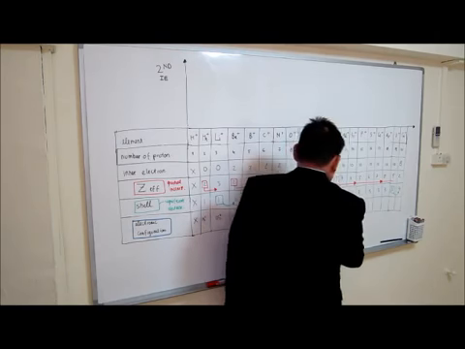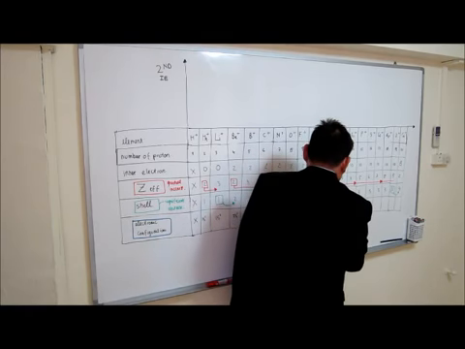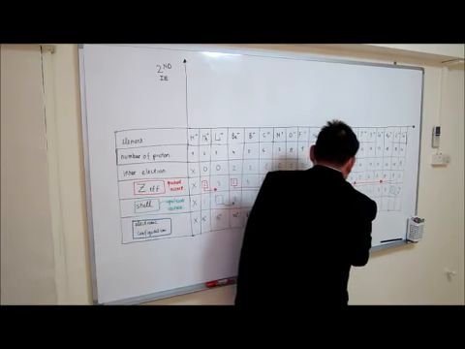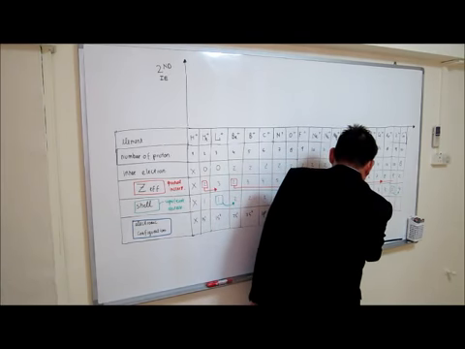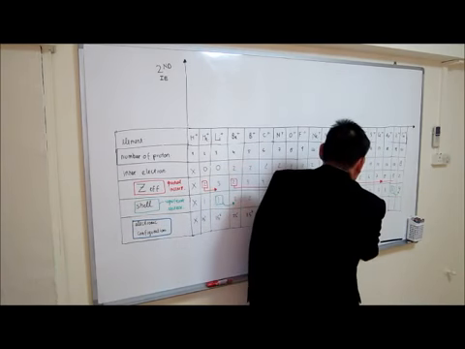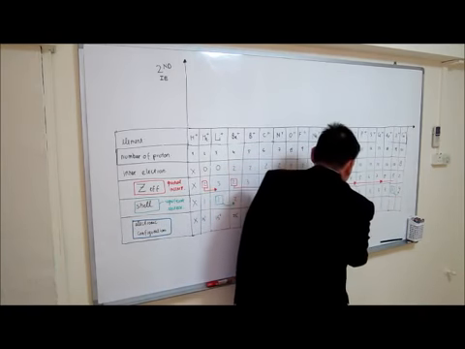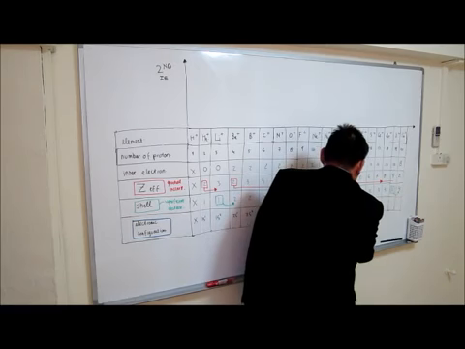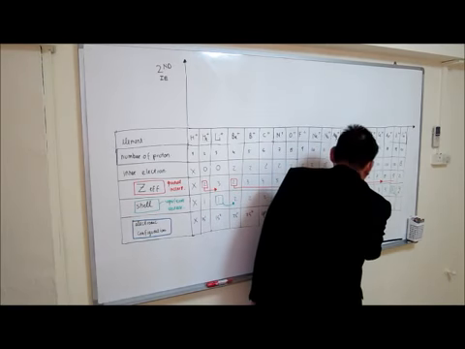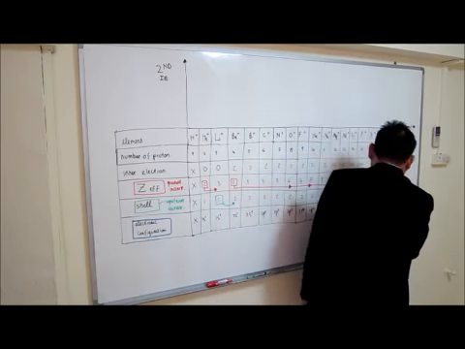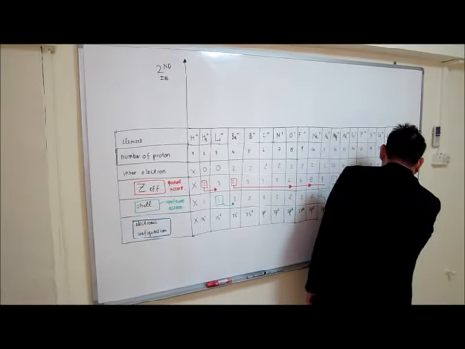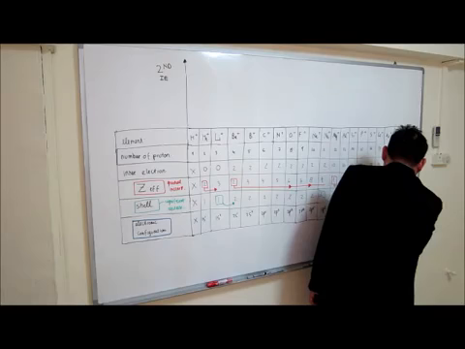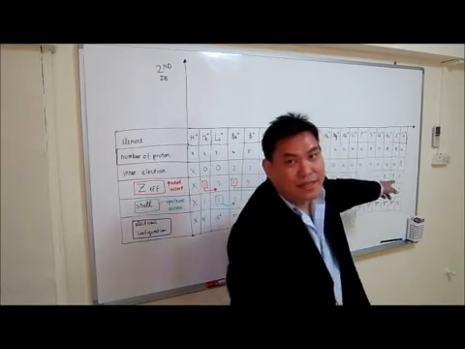From Mg plus to Al3 plus is 3s1, 3s2, 3s3, 3s4. For silicon Si plus, it will be 3p1, 3p2, 3p3, 3p4, 3p5, 3p6, and 4s1 is for Ca2 plus.